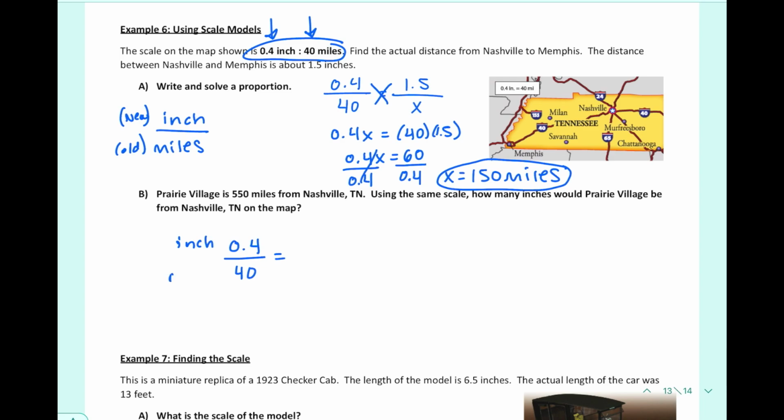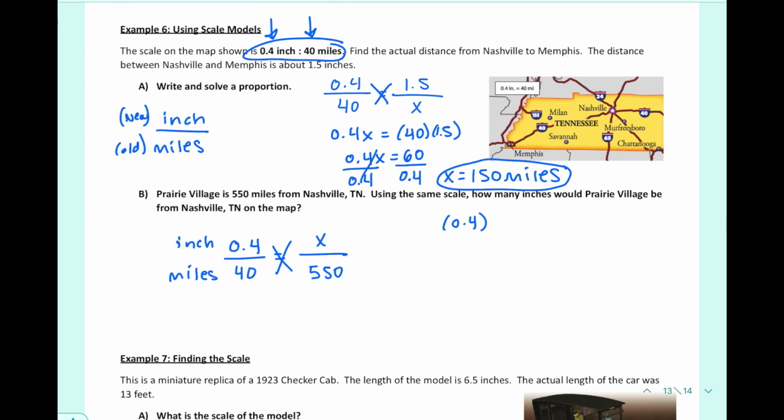But instead of knowing inches and finding miles, we know miles and are finding inches. So we need to have 550 on the bottom where the miles are, again, that old distance, and we need to solve for the new distance, which is inches.